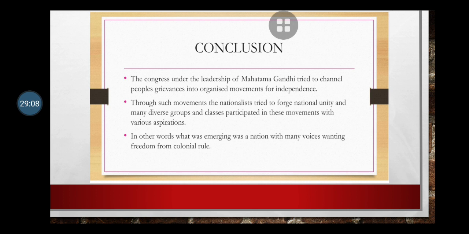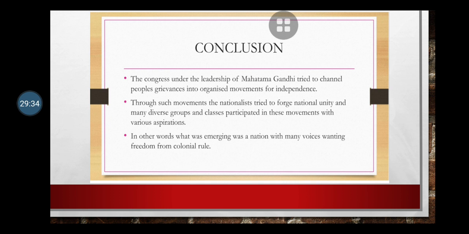So what conclusion do we draw from this? The Congress under the leadership of Mahatma Gandhi tried to channel people's grievances into organized movements for independence. Through such movements, the nationalists tried to forge national unity, and many diverse groups and classes participated in these movements with various aspirations. Different groups of people had their own developmental goals and aspirations.